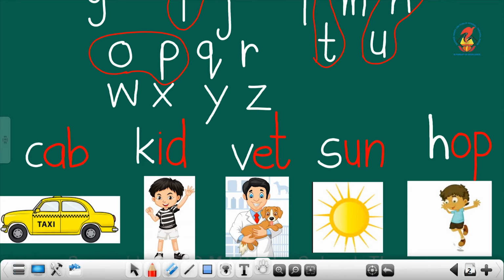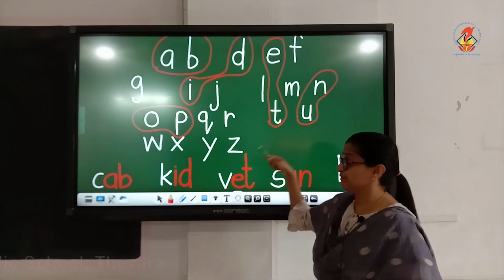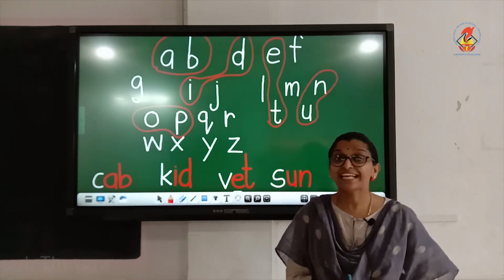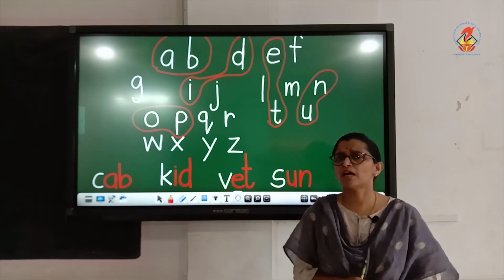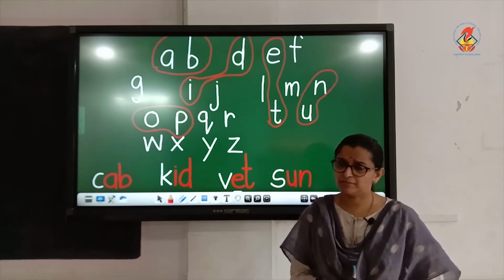Now, all the letters were so happy that they could make meaningful words like these. All the other letters stepped forward eagerly to make words, but it was time to go home.